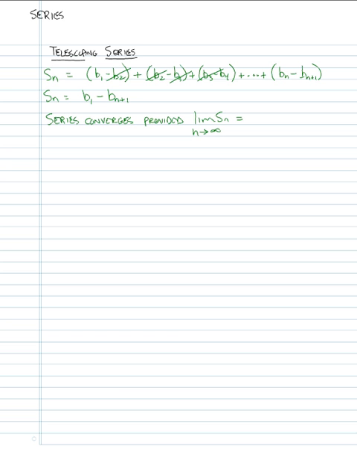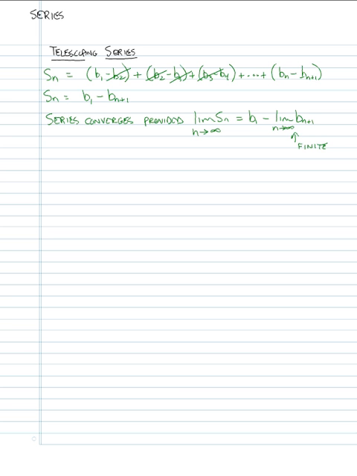It's the b sub n plus 1 that's getting bigger and bigger, or changing, as n goes to infinity. So it would be equal to b sub 1 minus the limit of b sub n plus 1 as n goes to infinity. And so if this limit is finite, then the series converges.